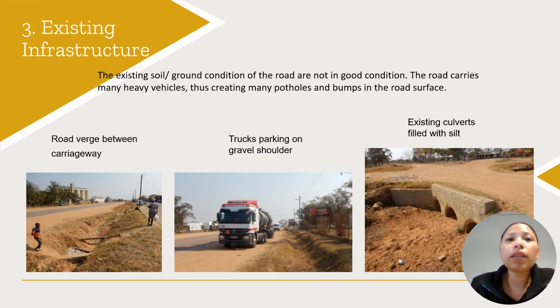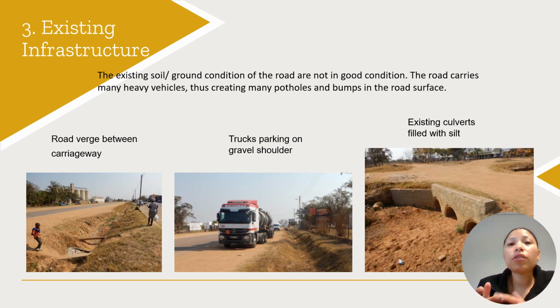You can also see that there are some heavy vehicles making use of the road, and they often park on the road shoulder, which is gravel as well. So if we look at the total road footprint, we have a surfaced road and then gravel shoulders. Then on the right, just some of the existing drainage structures within the project area.